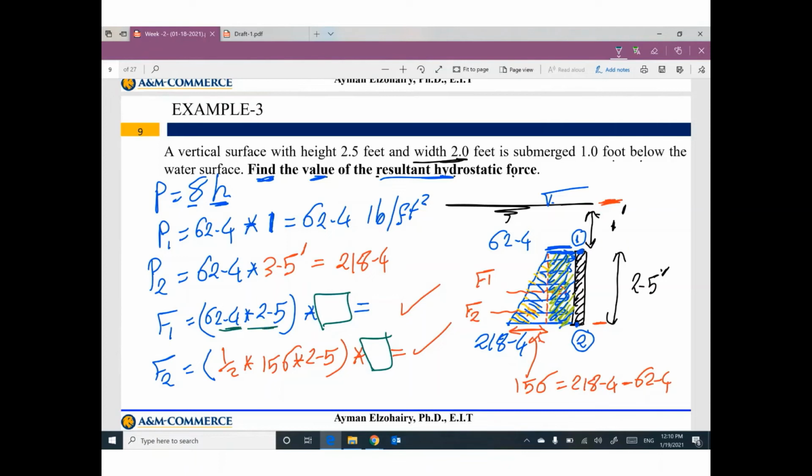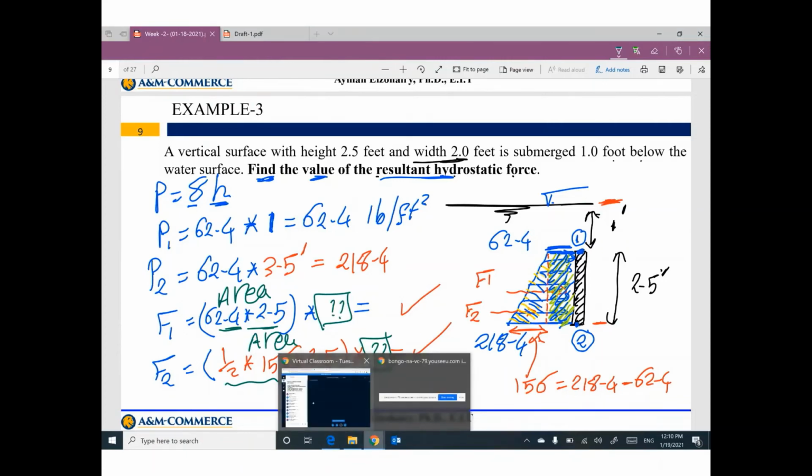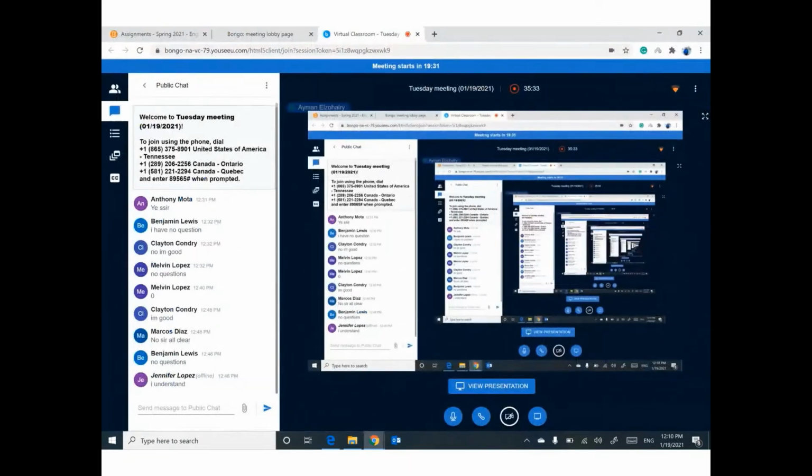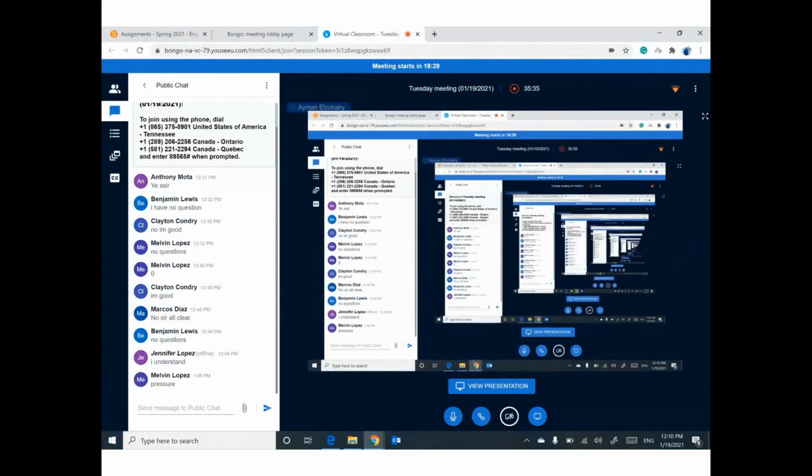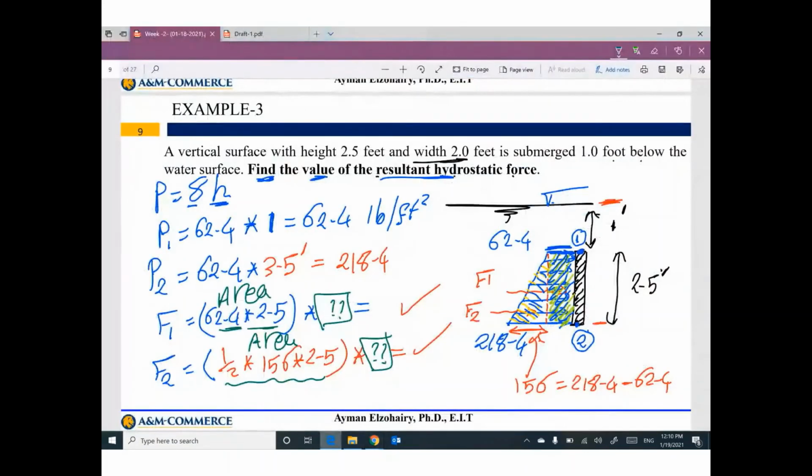62.4 times 2.4 is the area of the water pressure. 1/2 times 156 times 2.5 is the area of the water pressure. What you need to multiply here? No? Let me explain it here.